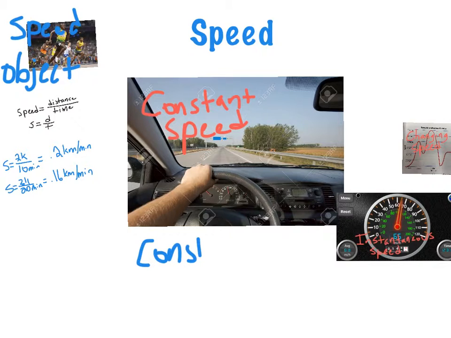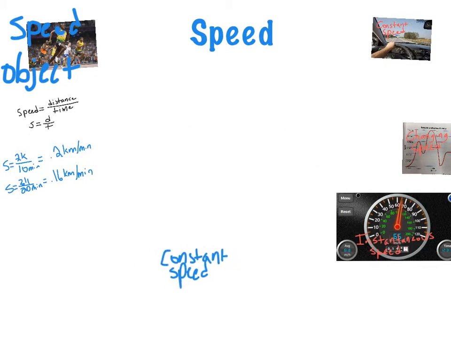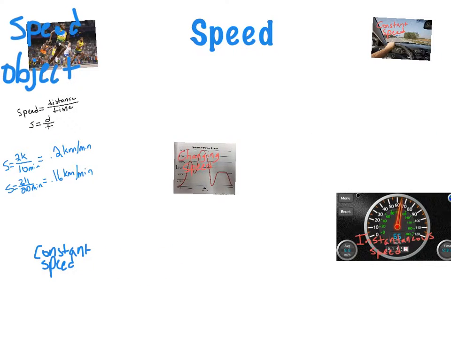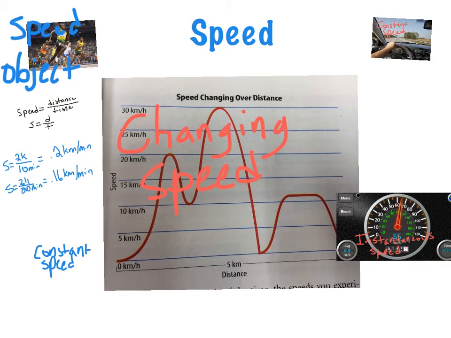So you can write constant speed again. When you are on a bike, you slow down and stop, or you speed up. This is called changing speed.